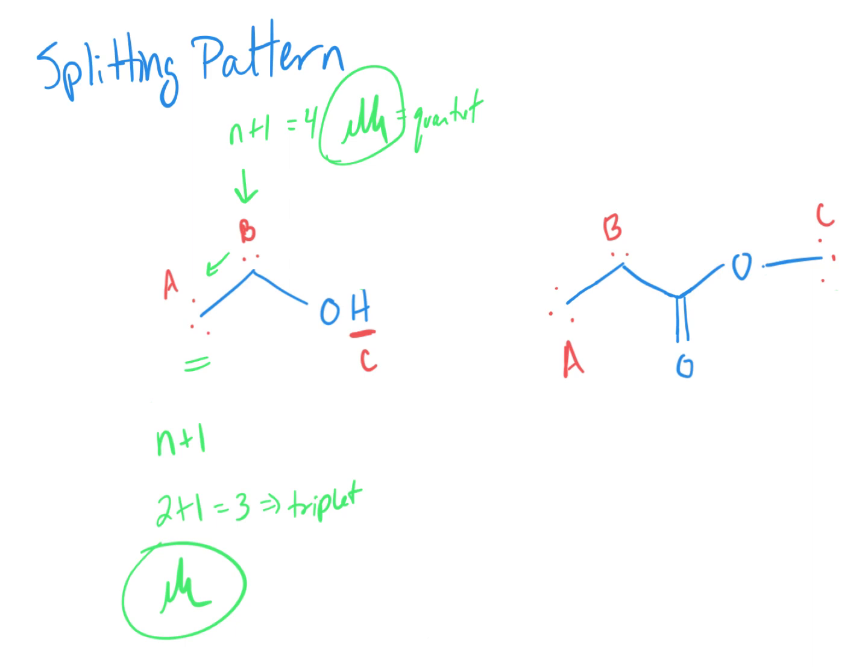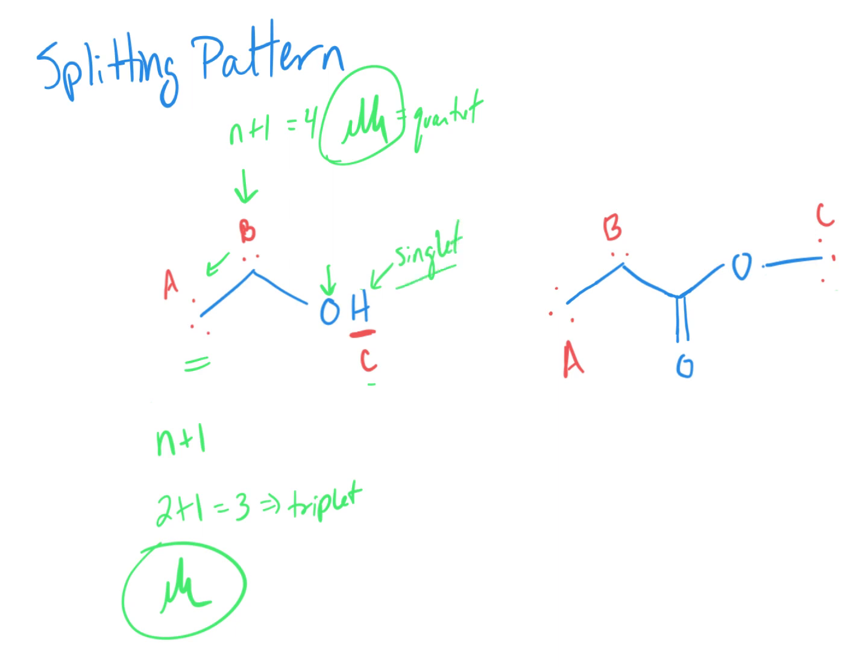Now, when you have oxygen that gets in the way, that's got a lot of electrons on it, and so it kind of stops the flow of splitting from next door. That's the reason why I did not count this hydrogen when I was looking at B. So when it comes to an OH, that hydrogen is just going to be by itself. So that's going to be a singlet.